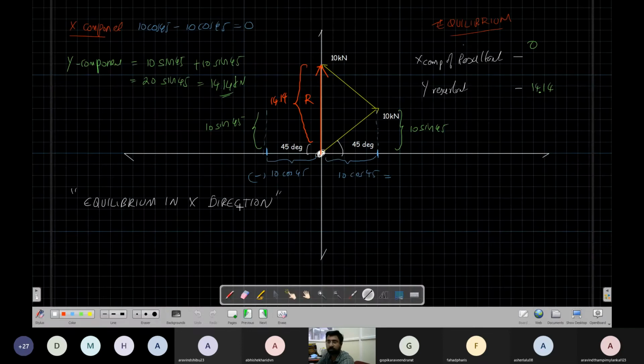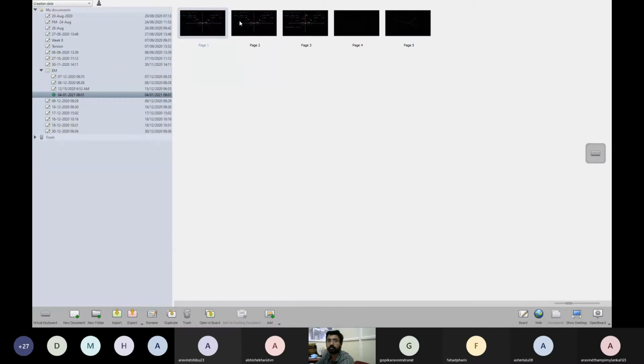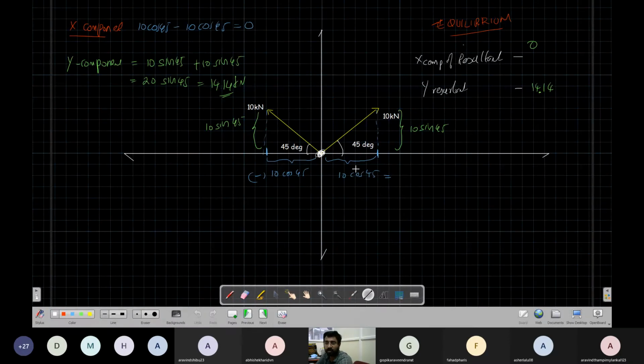I told you this system can be idealized. Let's say a block is there, and this block is being hung by two threads.